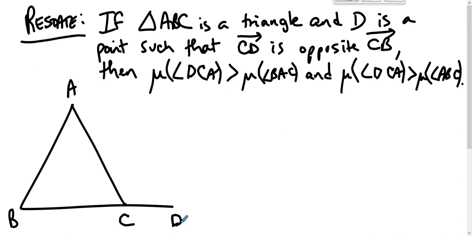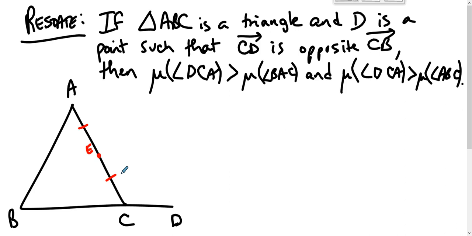Okay, let's walk through the argument. What we're going to do is we're going to find the midpoint of segment AC. We're going to call that point E. This is the midpoint of segment AC. We know that segments have midpoints. They are unique.